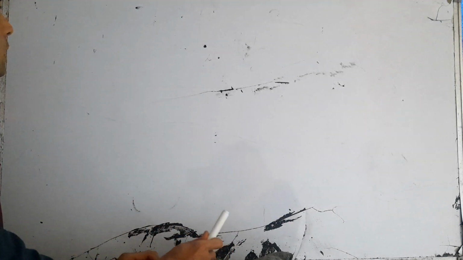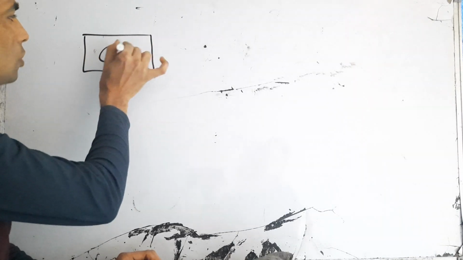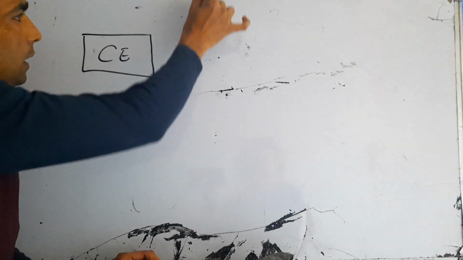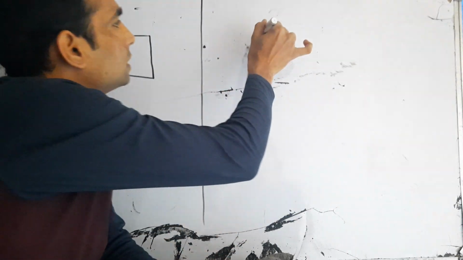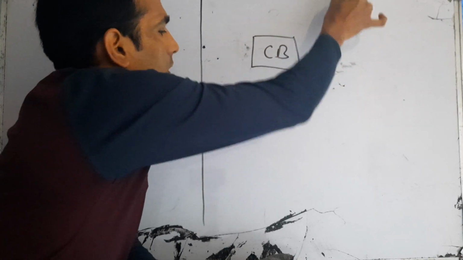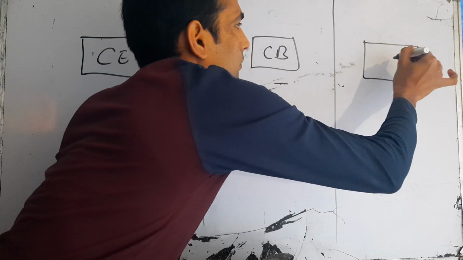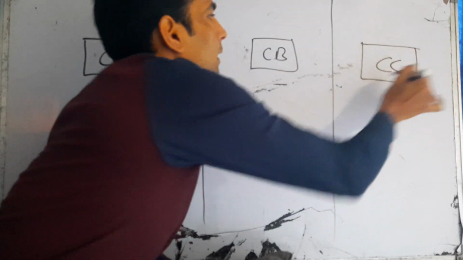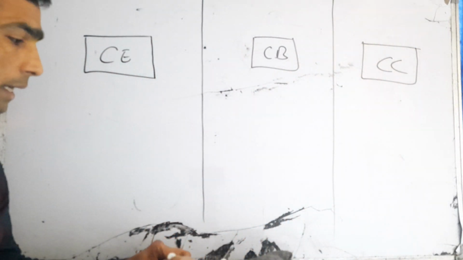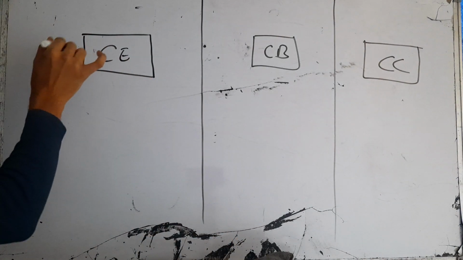This is a common emitter circuit. Next, this is common base. Next is common collector. This is the circuit.